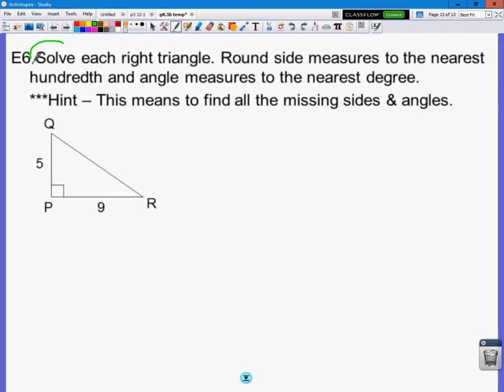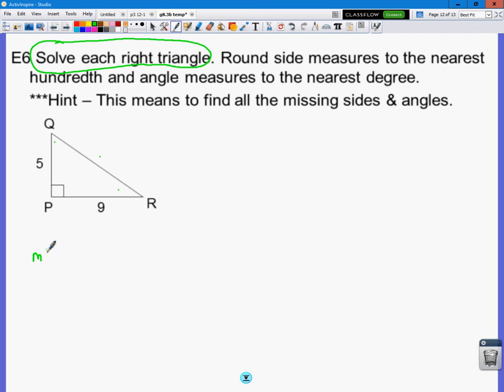Anytime you see this, where they're asking you to solve the right triangle, what they're asking you to do is find all of the missing pieces, all the missing angles, all the missing sides. So I need to find these three things.